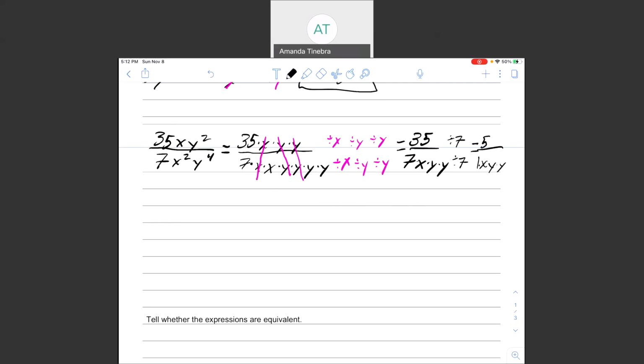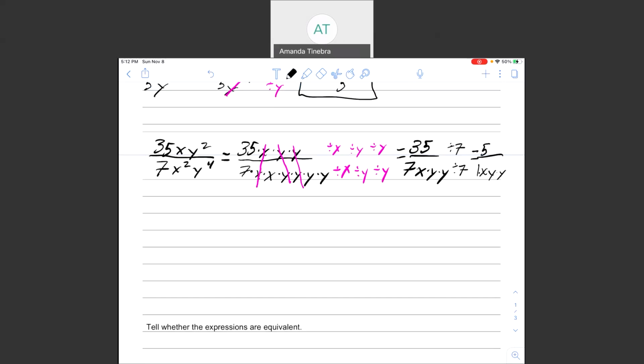So my final answer is just 5 on the top. On the bottom, I have 1. Well, I don't really need the 1. I could leave it, but I don't need the 1 because 1 times anything is itself. And then I have x, and I have 2 y's, so y squared. The answer is 5 over x times y squared.